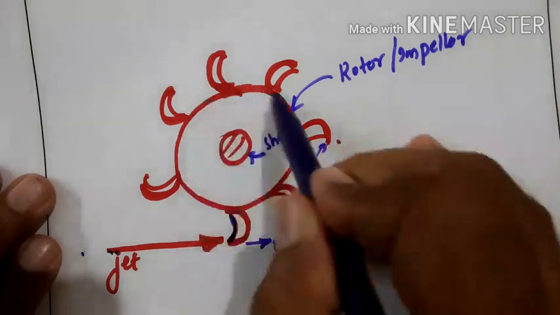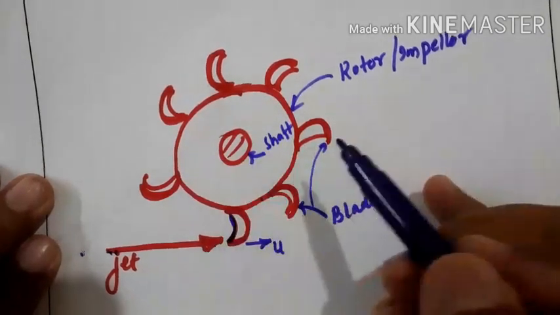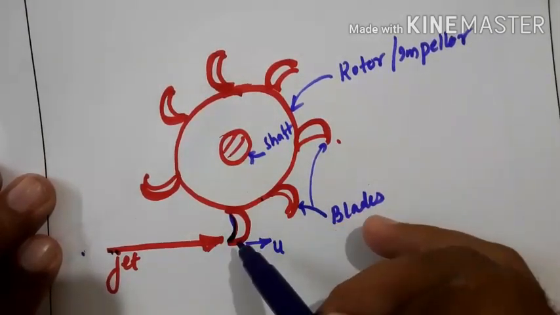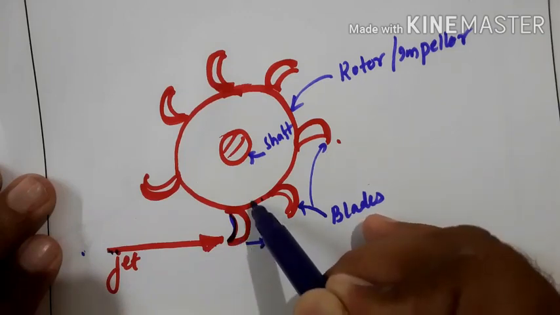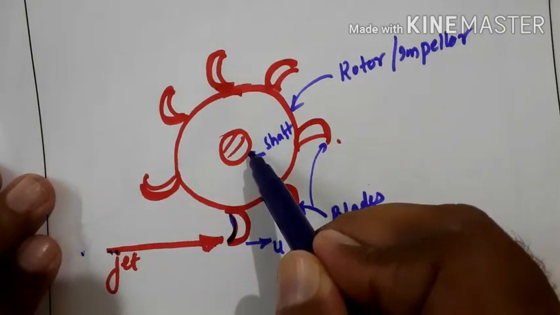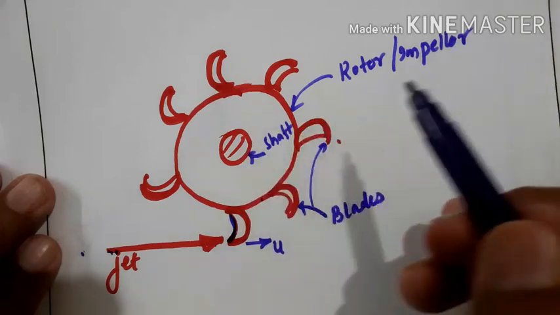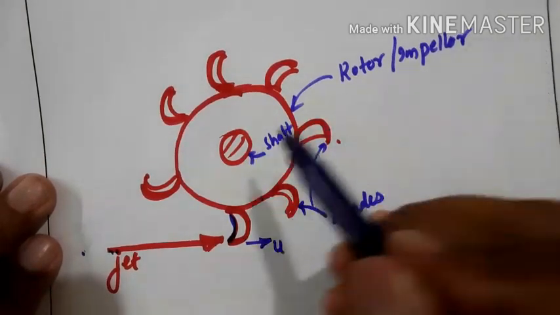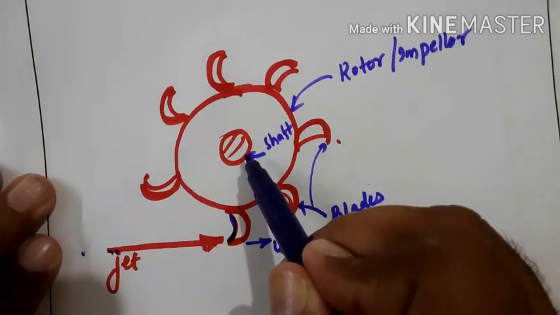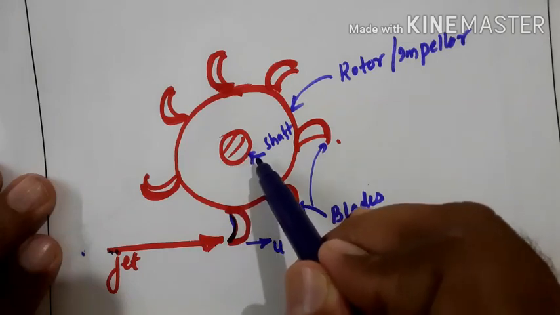This is the disc, we can call it the disc or a rotor or impeller, and the motion will get transferred from the blade to the disc and disc to the shaft. Then from the shaft we will get the output in the form of electricity. That is how it works.